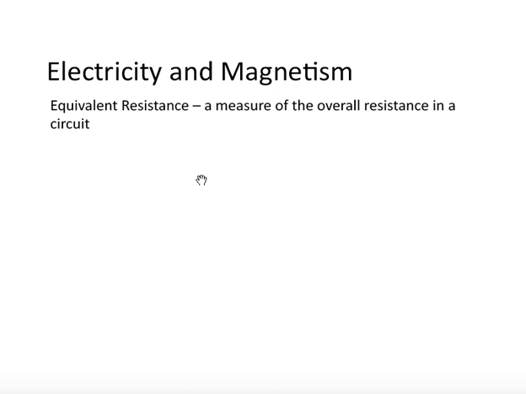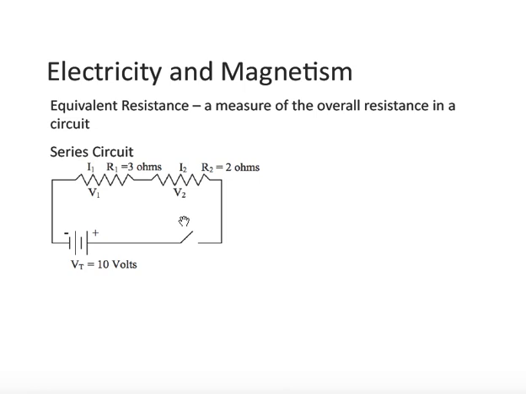Finally, the last topic I want to look at is something called equivalent resistance. This is a measure of the overall resistance in a circuit. And so for a series circuit, here's the formula for equivalent resistance. We normally denote it with an RT or RS.